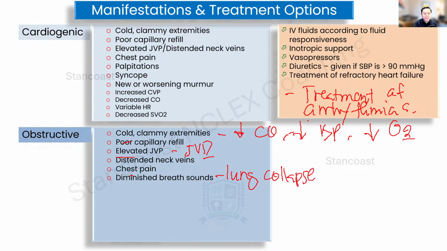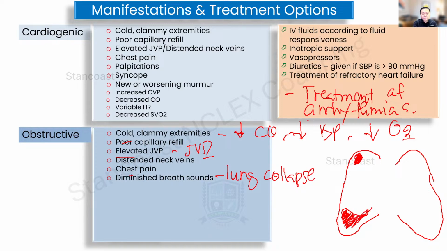Why is the lung collapse happening? So if in a case of a pneumothorax, all right?